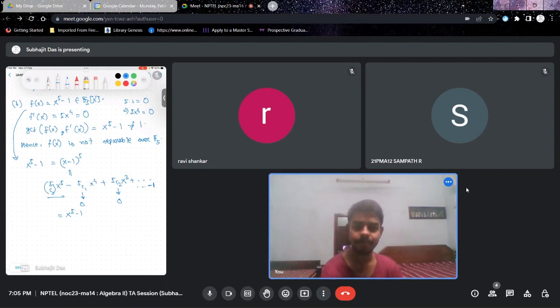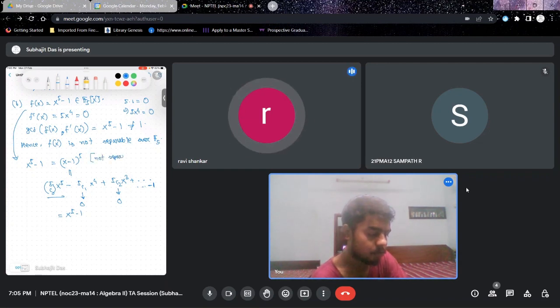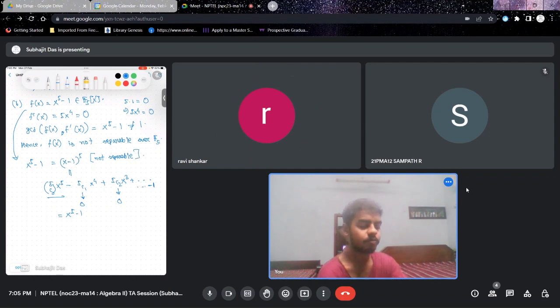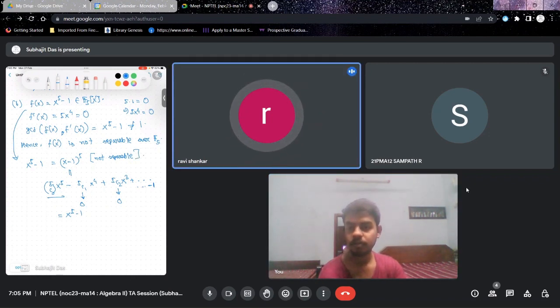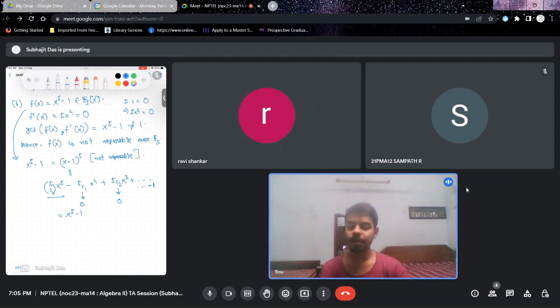Anyways, the point that I'm trying to make here is this: is this polynomial (x minus 1) to the power 5 a separable polynomial? What are the roots of this polynomial? The roots are 1, 1, 1, 1, 1, 5 times.